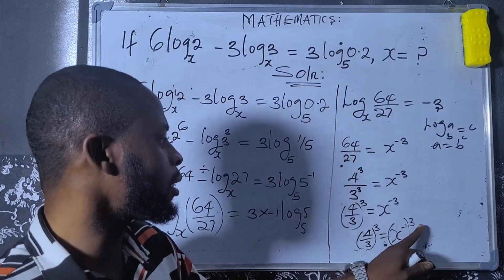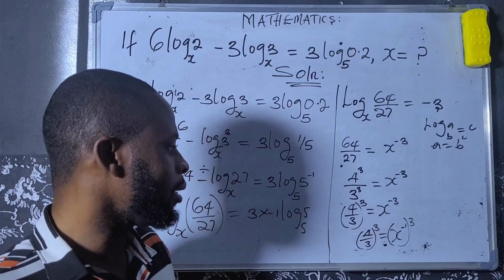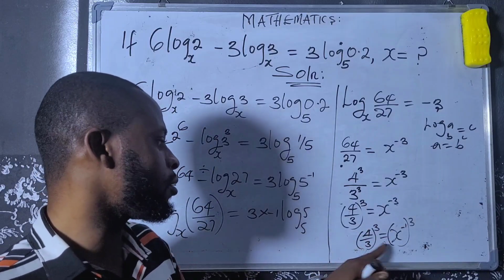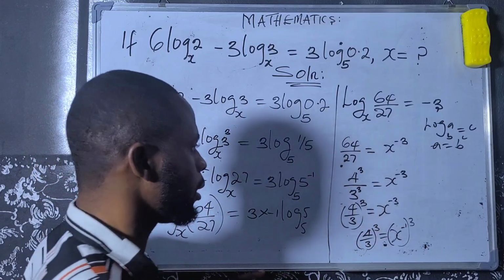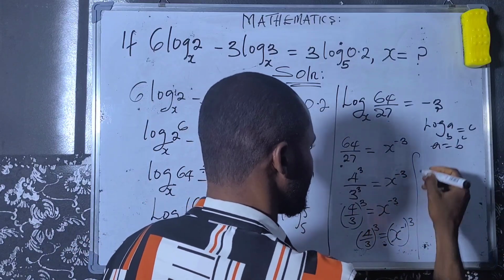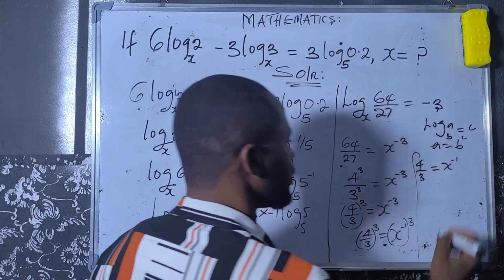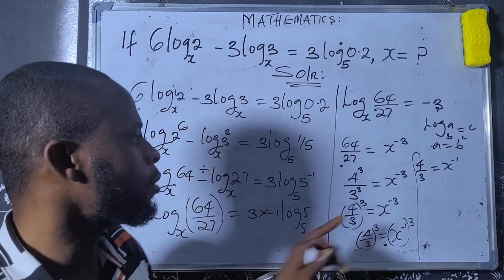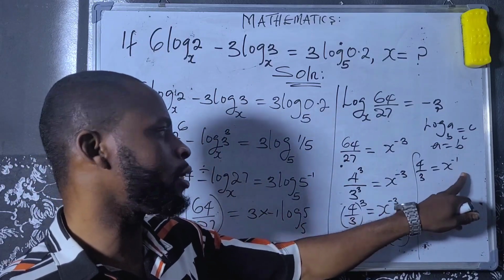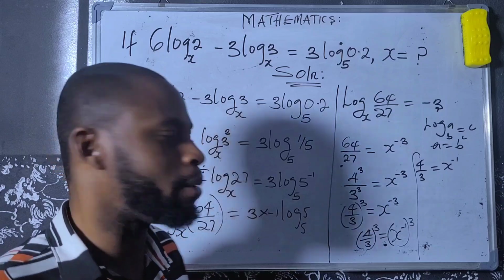If you multiply this out, you get this exactly. And so since the power is the same, we consider the base. Then now we are going to have 4 divided by 3 equals x to the power of negative 1. Then from indices, x to the power of negative 1 can be written as 1 divided by x.